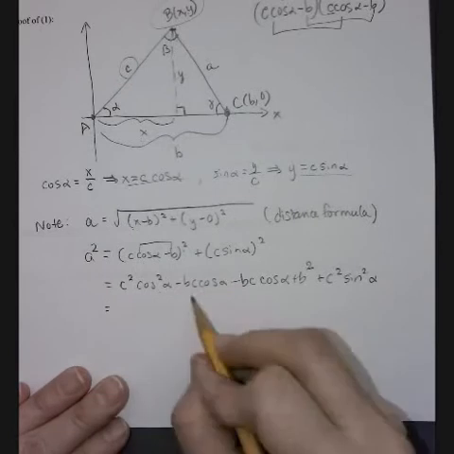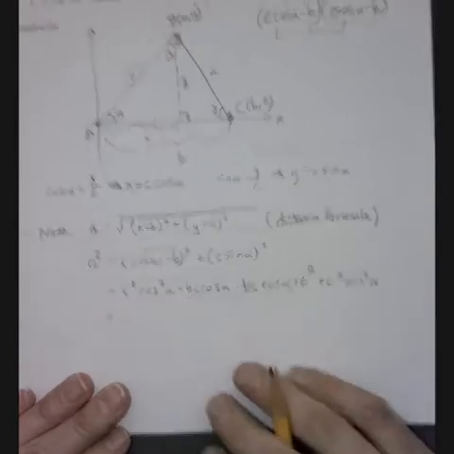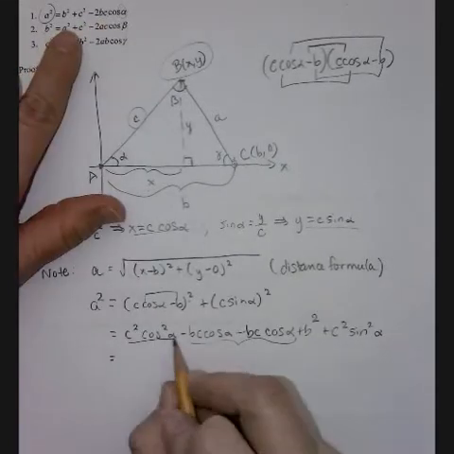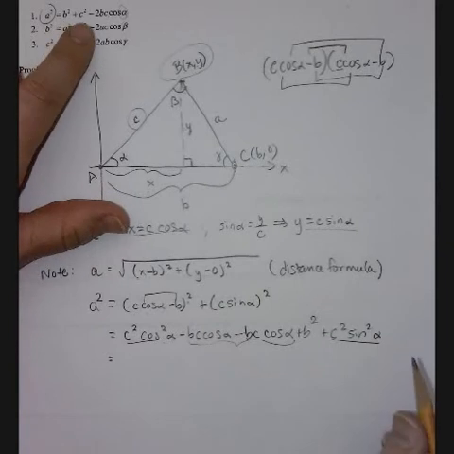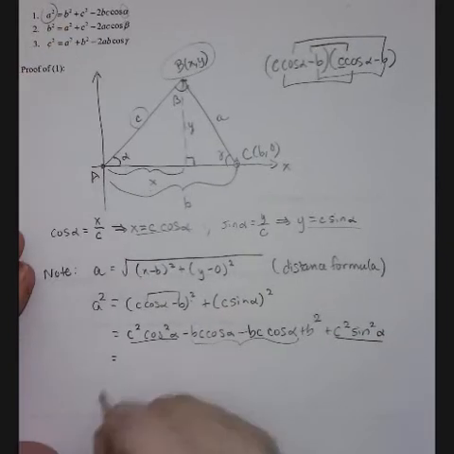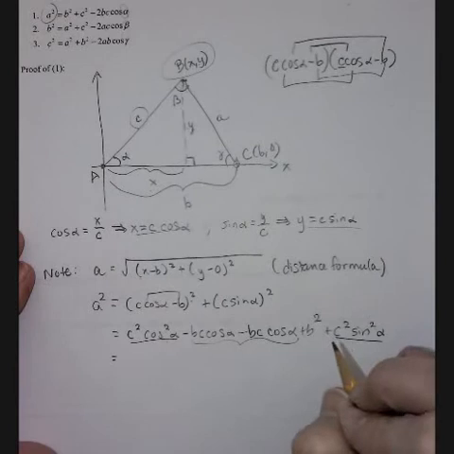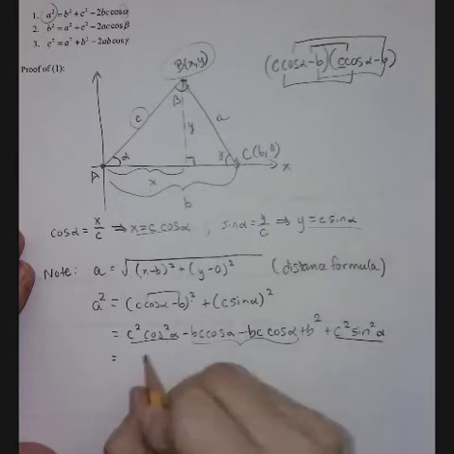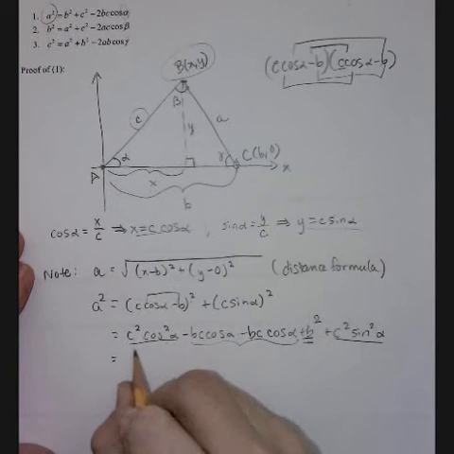So notice this part here is what we're looking for in the formula. That's minus 2b cosine alpha. So the question is, does this and this give us b squared plus c squared? Sorry, here's my b squared, lost track.